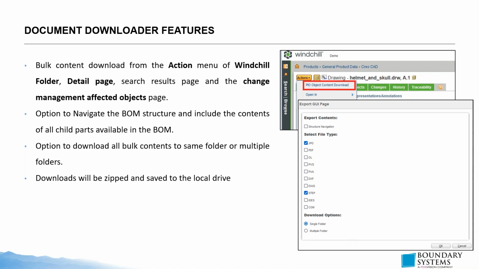Every object and its secondary object will then be saved into that specific folder. As soon as you click OK on this downloader here, it will generate a zipped file and save it locally on your machine.